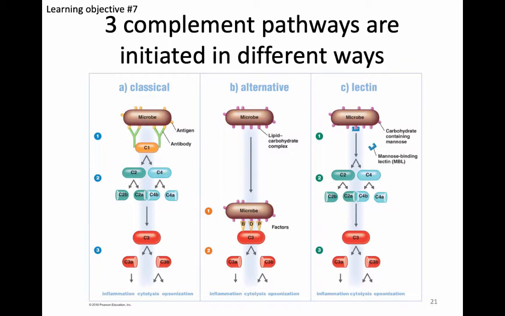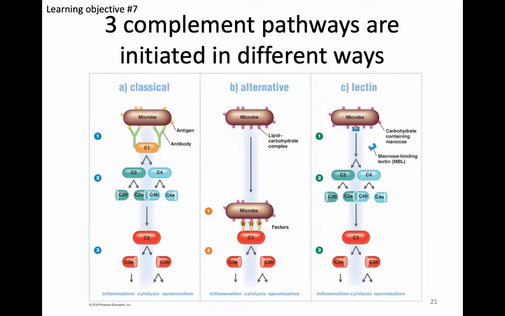The alternative pathway is initiated by the presence of lipid carbohydrate complexes in the host that are only present on microbes, so they are not present on host proteins. So the presence of these lipid carbohydrate complexes signifies that a microbe is invading the host, and this will initiate the alternative complement pathway.